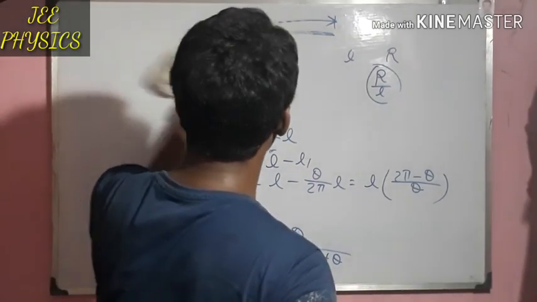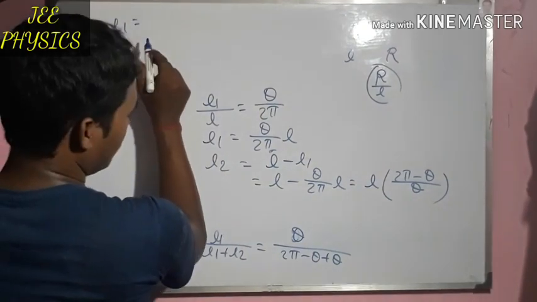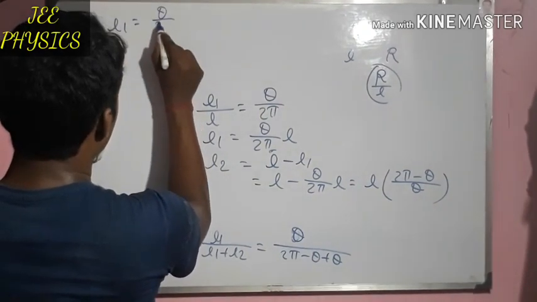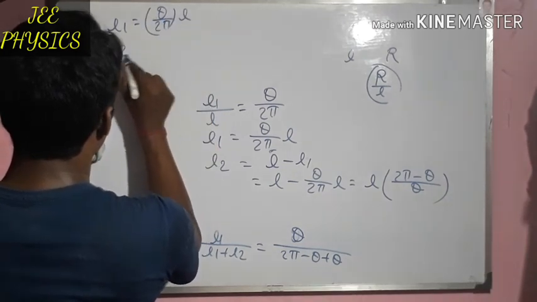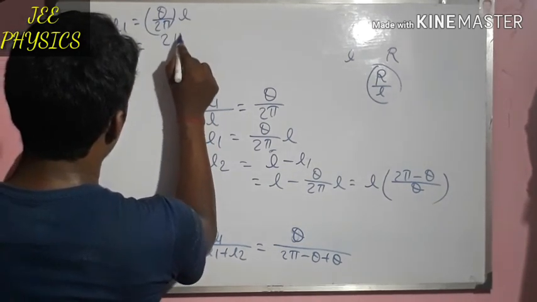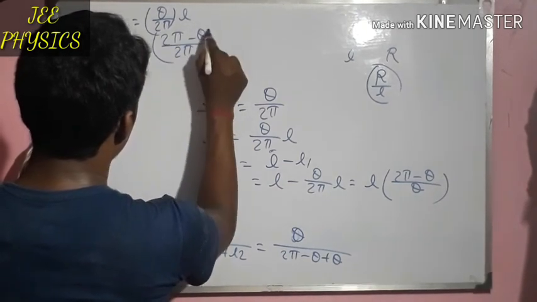So we get L1 equal to theta by 2 pi into L, and L2 equal to 2 pi minus theta by 2 pi into L.